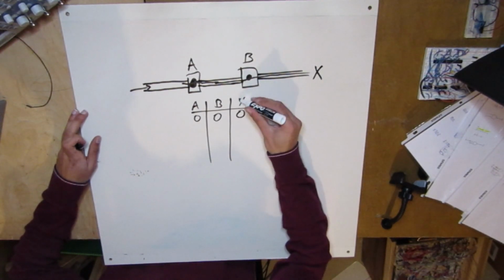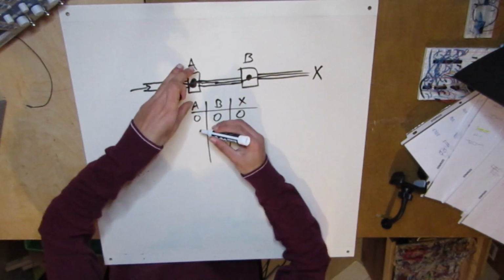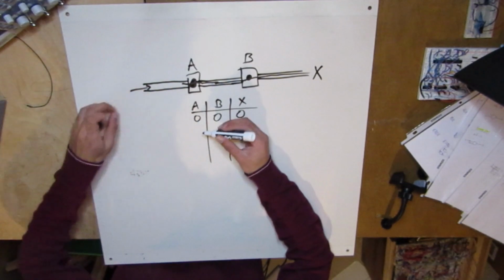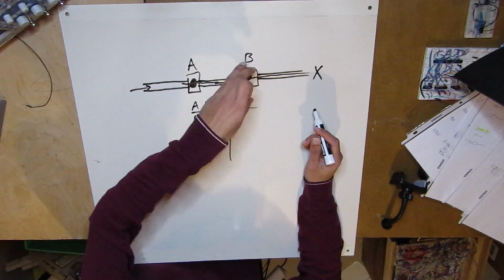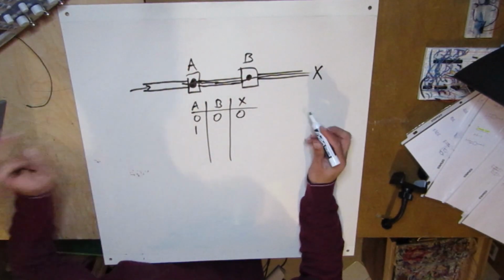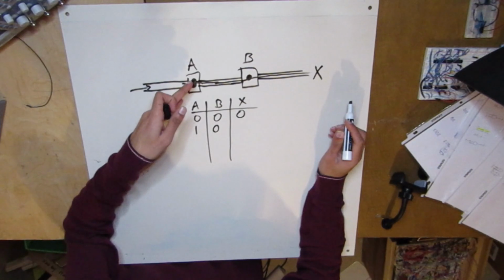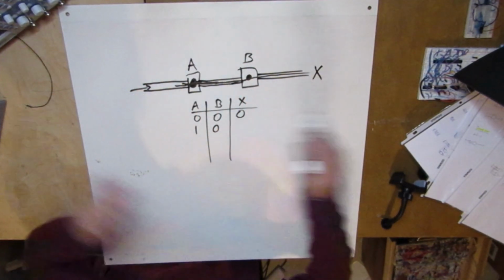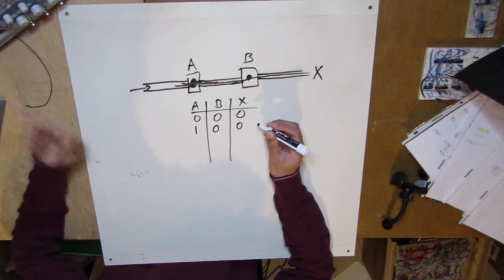Okay, what if I have the first tap on, and we're going to represent when the tap is open, which means that water could go through, with a 1. But let's say tap B is still closed. What does the logic tell us? This one is open, so water could go through here, but the second it hits this, it can't get through, so X is 0. No water flows.